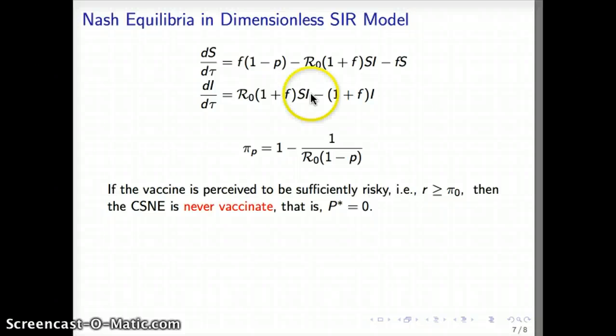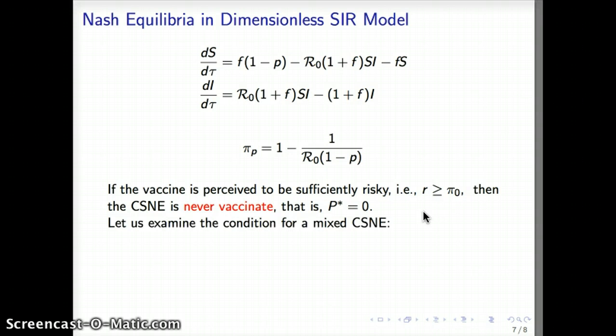Going back to this, let's now examine a condition for the scenario in which we have a mixed Nash equilibrium. As we worked out, the expression for pi sub 0 is 1 minus 1 over R0.